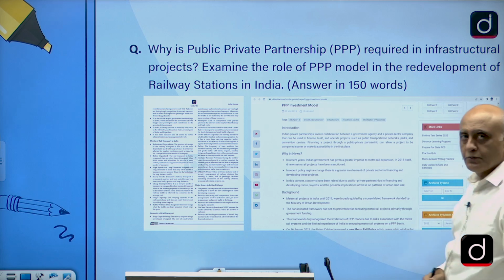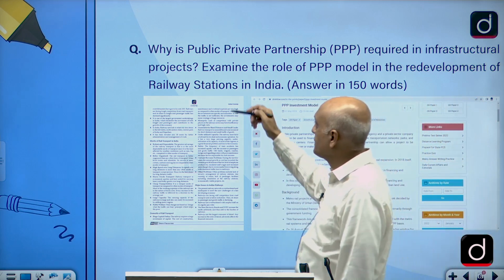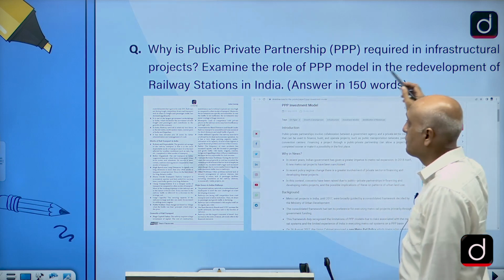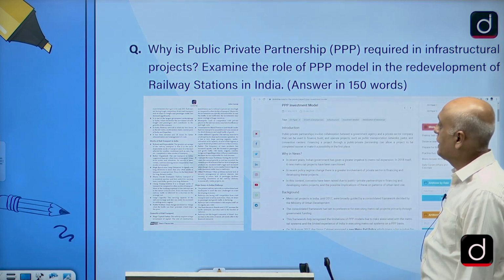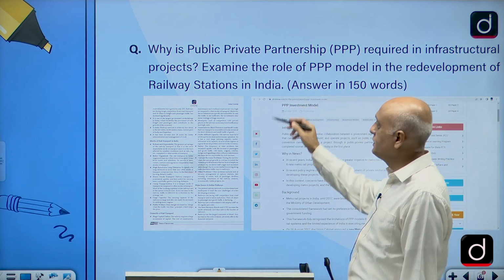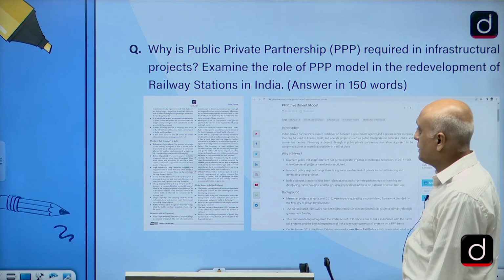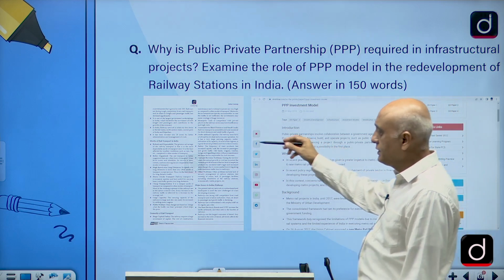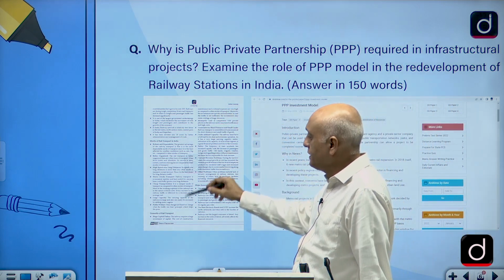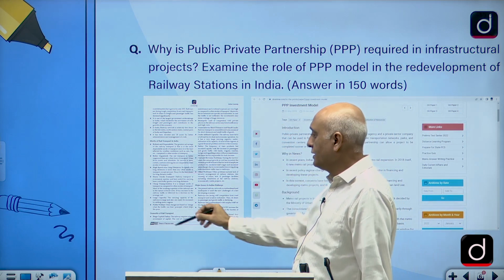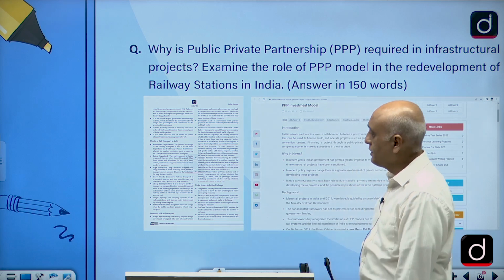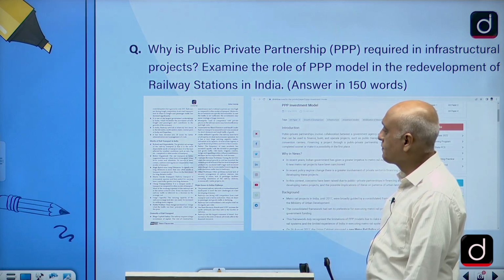The first question that I would like to take is: why is PPP required in infrastructure projects? Examine the role of PPP model in the redevelopment of railway stations in India. So some material about PPP and railways is mentioned in the books, and I have some scan of that particular book and some areas.